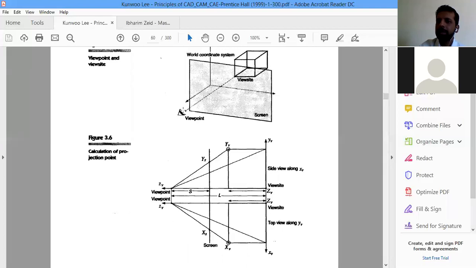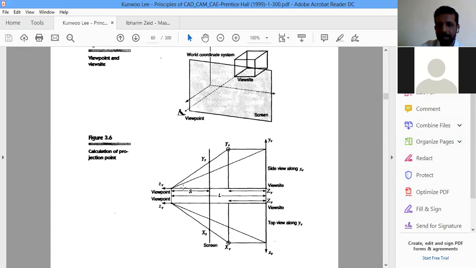But it will no longer remain at the center of the screen. If the rectangle was at the center of the screen, it will slowly start moving towards the point where we started to scroll. That is the center of projection or the viewpoint. As we change the scaling, it starts moving towards that point.